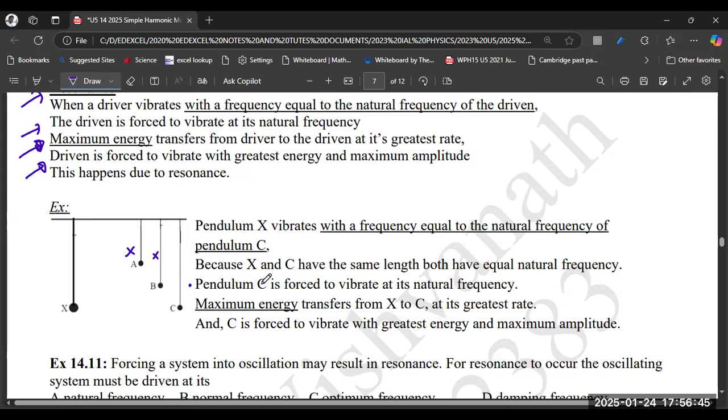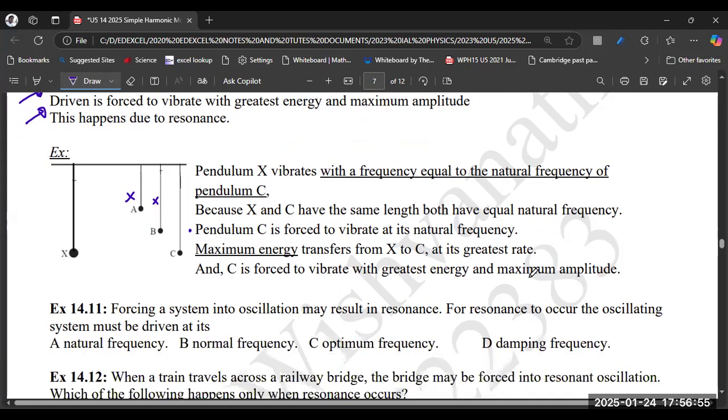So pendulum C would be forced to vibrate at its natural frequency. Hence, maximum energy transfers from X to C at its greatest rate. And C is forced to vibrate, that's true, but with maximum energy transfer, therefore it's a special condition, and that is due to resonance.